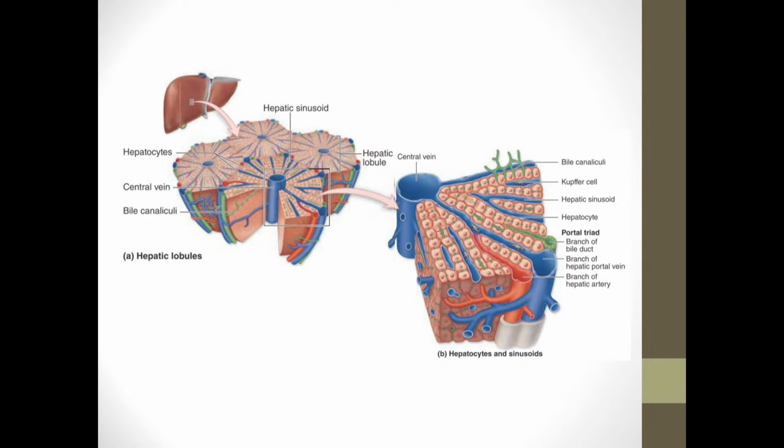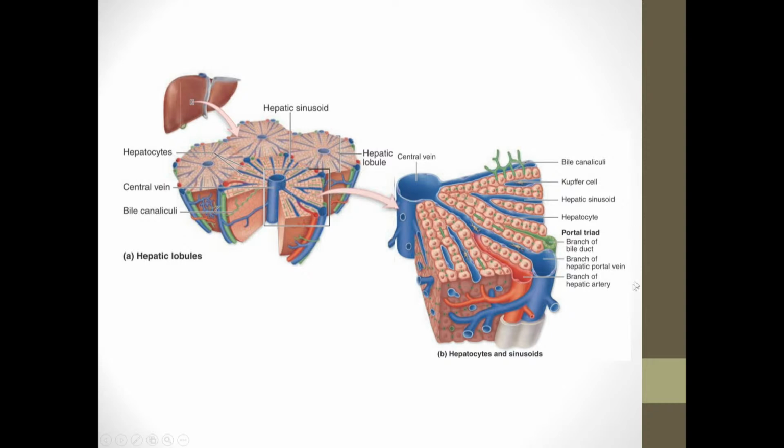This is one liver lobule. This is a branch of the central vein, and between these plates, between hepatocytes, run hepatic sinusoids. Around the central vein you can see plates composed of hepatocytes.